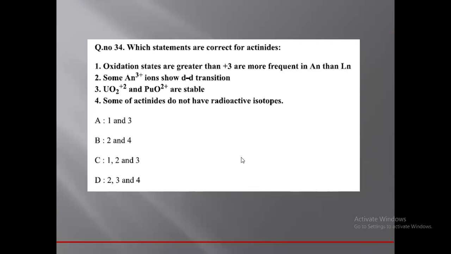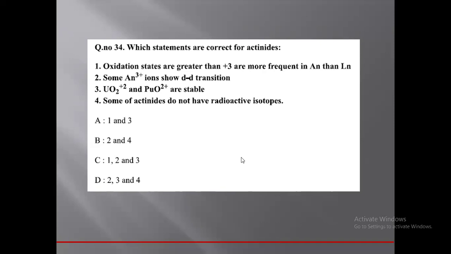Option number 3, uranium oxides and polonium oxides are stable in plus 2 oxidation state. Option number 4, some of the actinides do not have a radioactive isotope. What is the question? Which statements are correct for the actinides? So we'll go from the bottom. Fourth statement: some of the actinides do not have radioactive isotopes. You know, all the actinides are radioactive. Means this statement is wrong.